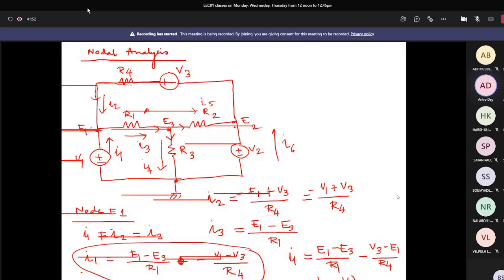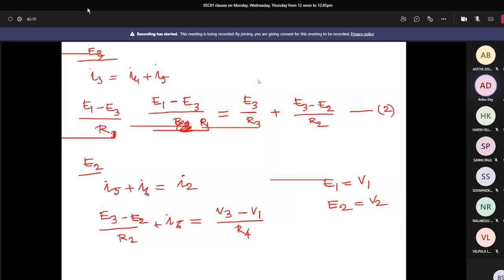So what are you saying? I2 will be equal to V3 minus V2 plus V3 minus V1 divided by R4. Because these two have an effect at this point E2, we have to take the effect of both. Yes, sir, that was what I was saying. So then all these things we are getting.